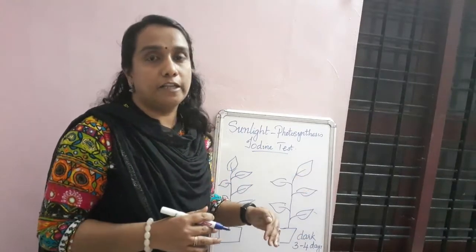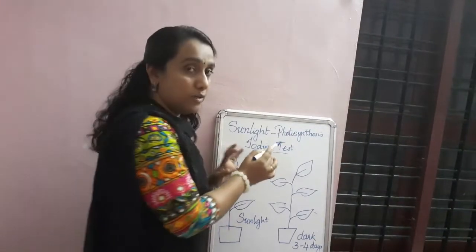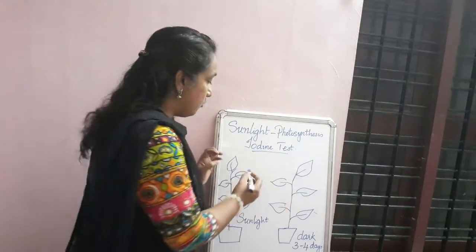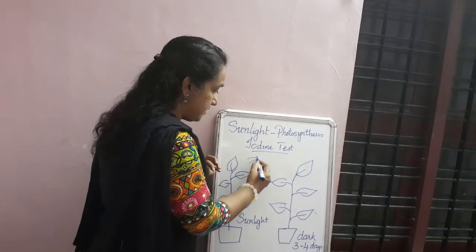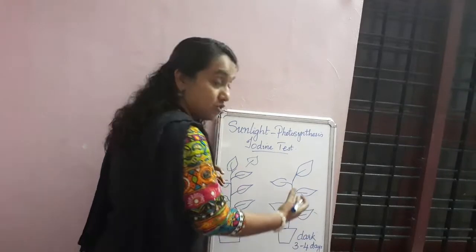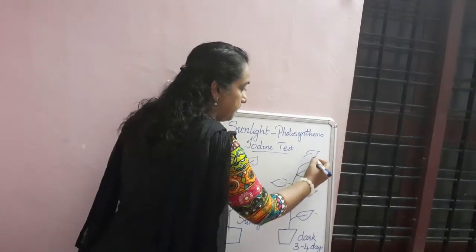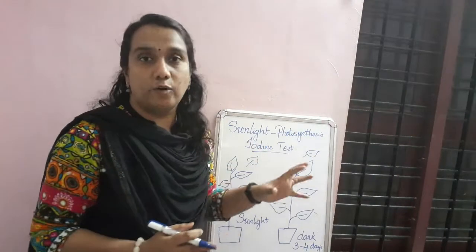After 3 to 4 days, I am conducting the iodine test. For that, I am taking one leaf from here and one leaf from the dark plant, the plant which I kept in the dark room. I take both leaves. Then I am doing the iodine test.